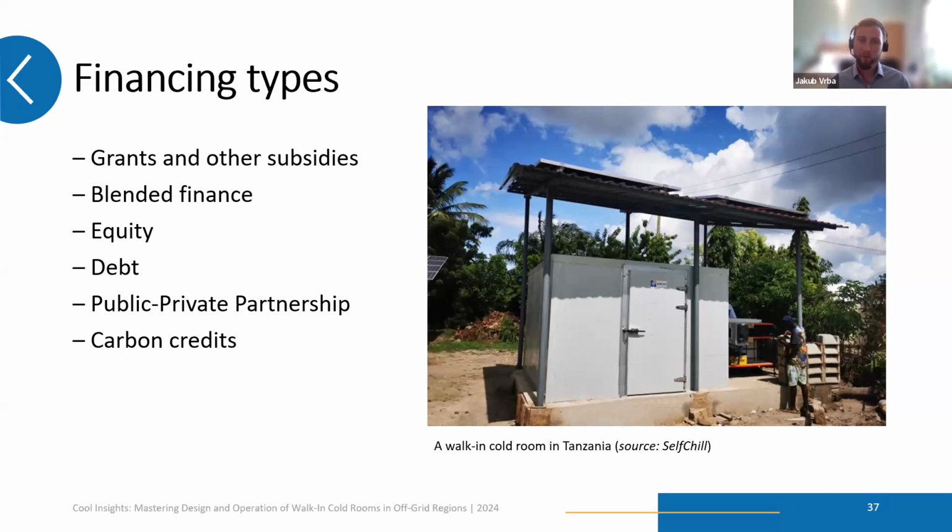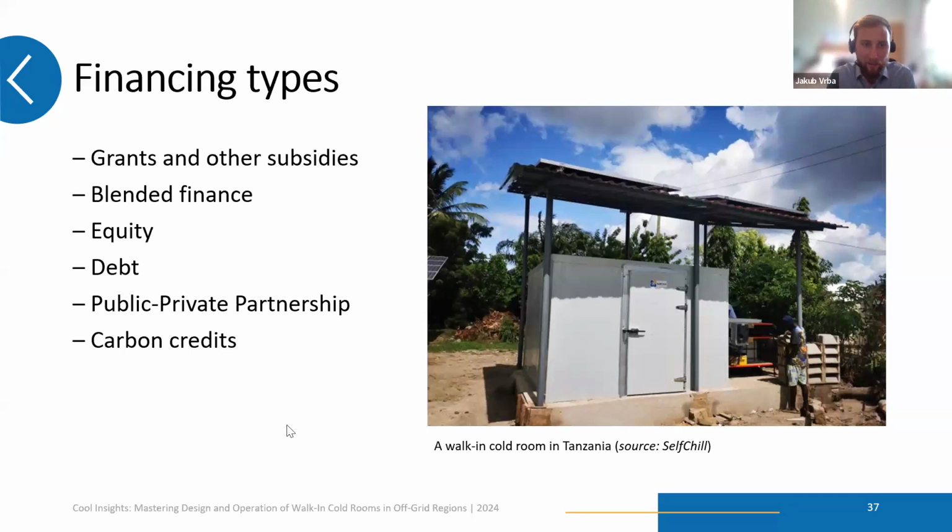The uniqueness of cold rooms is they are usually substantially more expensive than other off-grid solar products, and usually the repayments are longer, or they need to be longer, especially for service-based models like rental or pay-as-you-store. So that's the main uniqueness of the financing aspect.